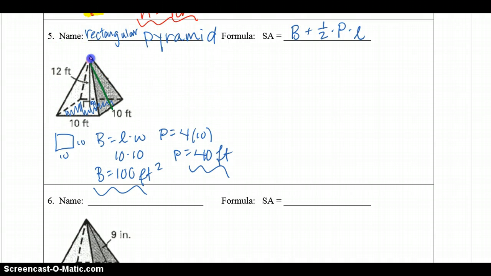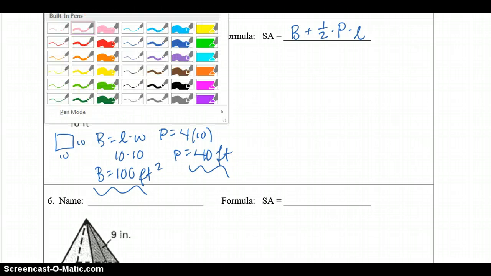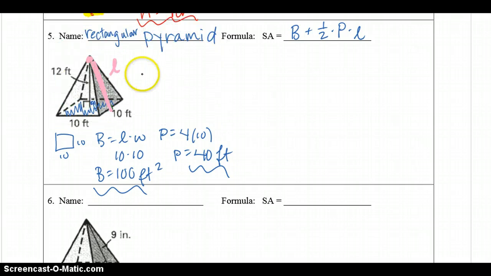The slant height is the distance from the vertex to the edge of the base. You want to draw a line going to the center of that edge, to the middle of the line. And this slant height L forms a right triangle with the height of the pyramid.